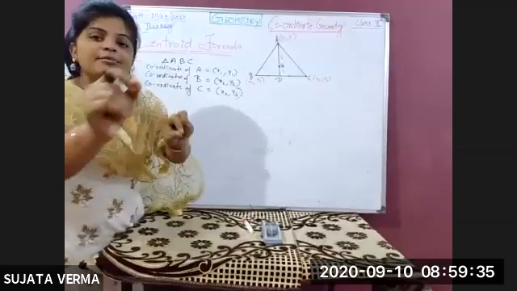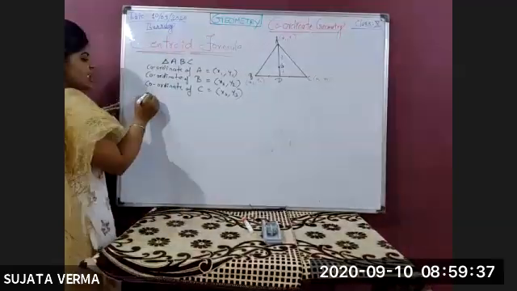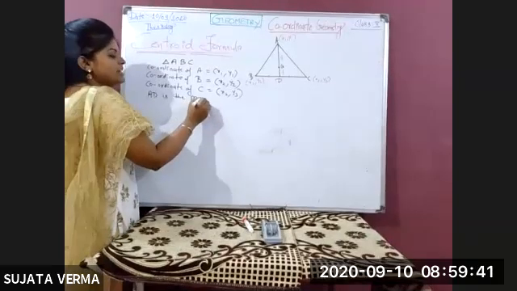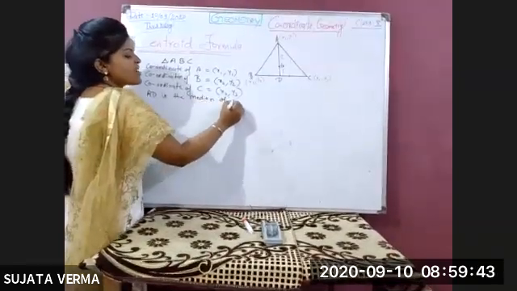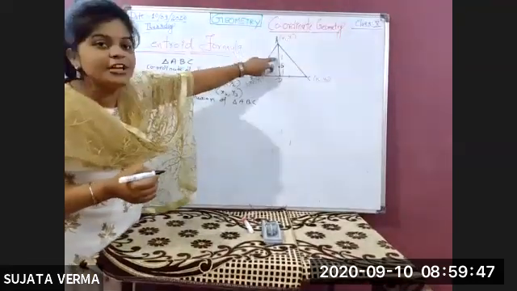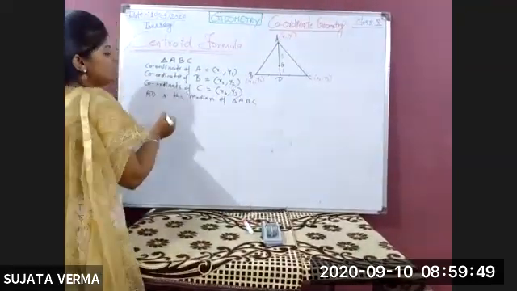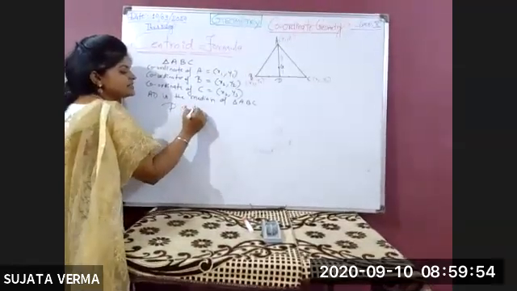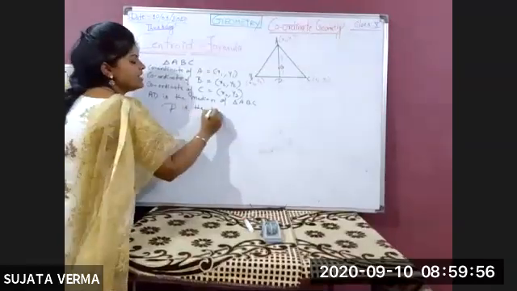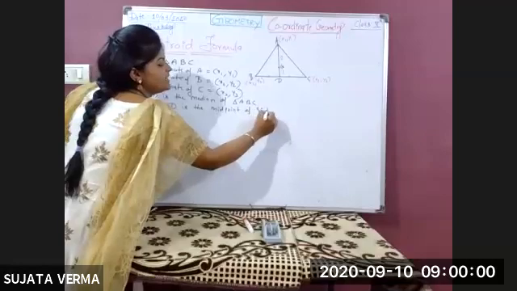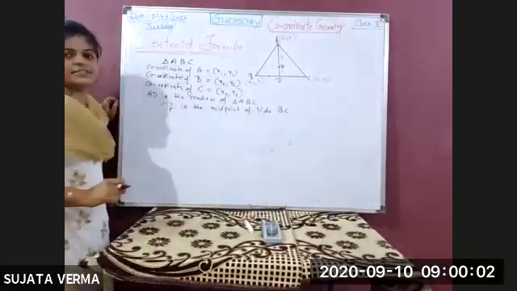AD is the median of the triangle. We write AD is the median of triangle ABC. If it is the median of triangle ABC, so we write D is the midpoint of side BC.